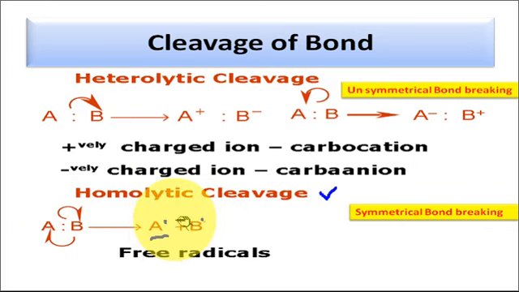A possesses a single electron, B possesses a single electron. So always remember, in an organic reaction, if heterolytic cleavage takes place, this results in the formation of a carbocation or carbanion. While in homolytic cleavage, formation of free radicals always takes place.